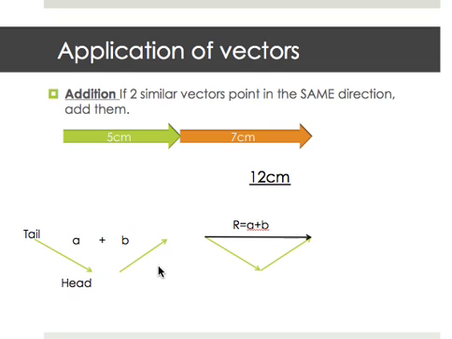We simply move vector B, and we put the tail of vector B at the head of vector A. Then we draw a resultant line, shown as a black line. This black line gives us the answer for the direction of these two vectors.